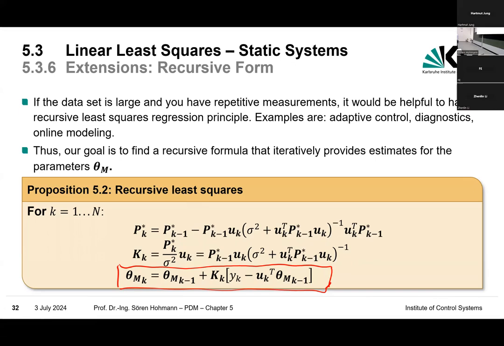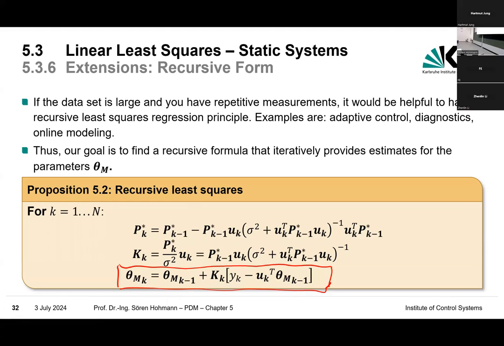So it depends on how much I trust my model, to be precise. The more I trust my model, I should trust my model, not the error. If I do not trust my model, I should use the measurements.